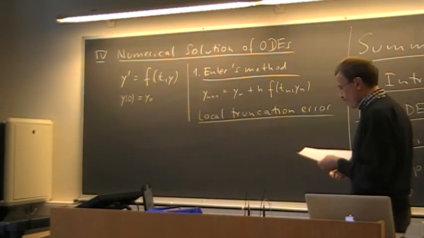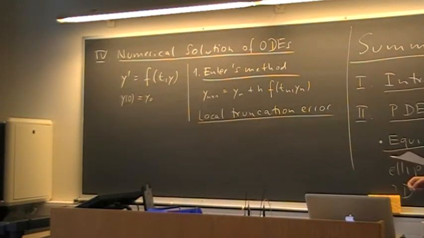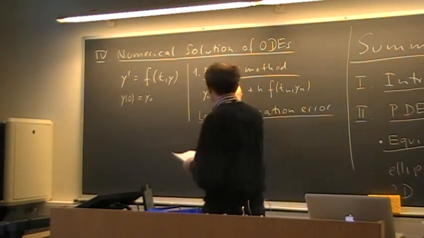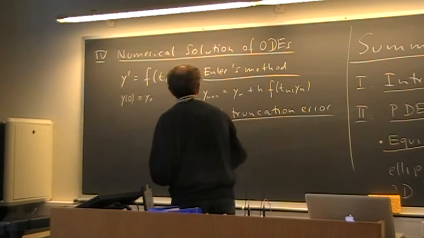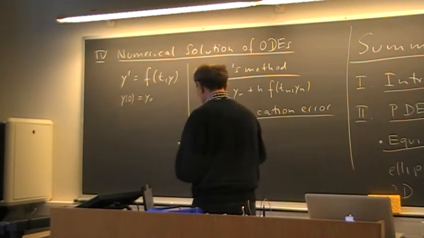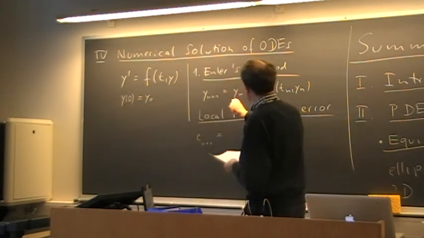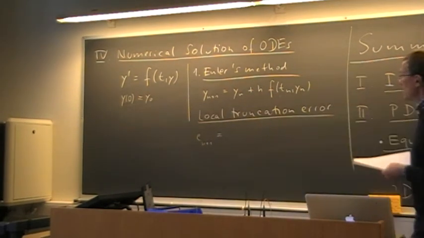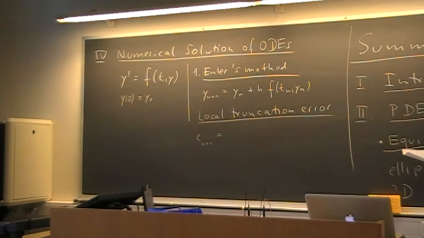A way to get that very quickly, in our case for Euler's method, is to compute at the time level n plus 1 the method, Euler's method, with the exact solution at the old time level.